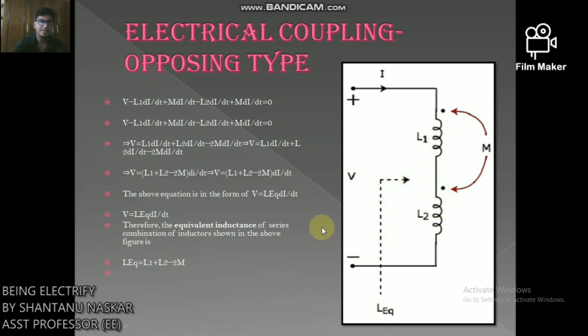So, in this circuit, the current I enters at the dotted terminal of the inductor having an inductance of L1. Hence, it induces a voltage in the other inductor having an inductance of L2. So, positive polarity of the induced voltage is present at the dotted terminal of this inductor.